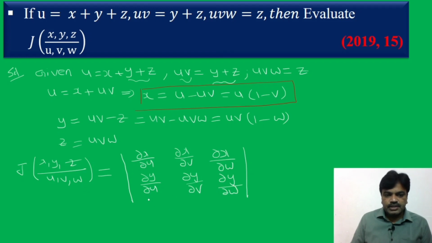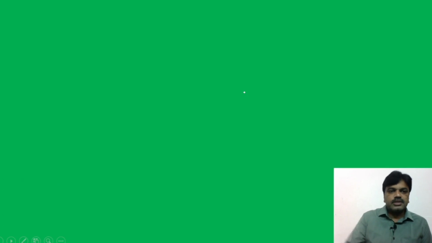Third one z: dou z by dou u, dou z by dou v, and dou z by dou w. Now x is here, dou x by dou u, derivative of u is 1, so we get 1 minus v. So that is equal to the determinant of, we get here 1 minus v.